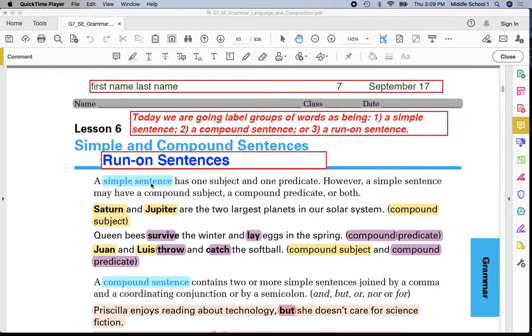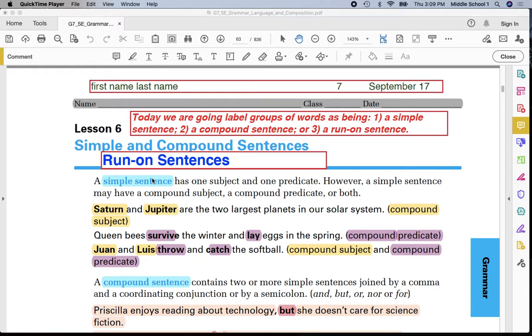First group, simple sentence. As we have been studying, a simple sentence must contain at least one simple subject and one simple predicate. More recently, we learned that sentences can contain more than one subject or predicate.